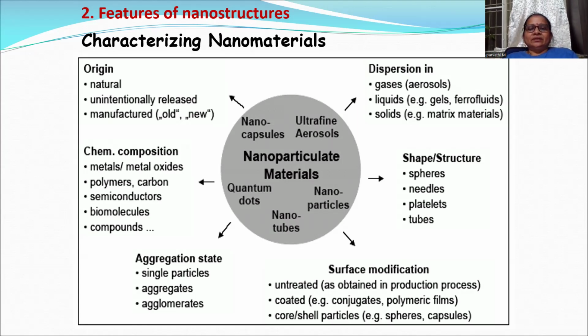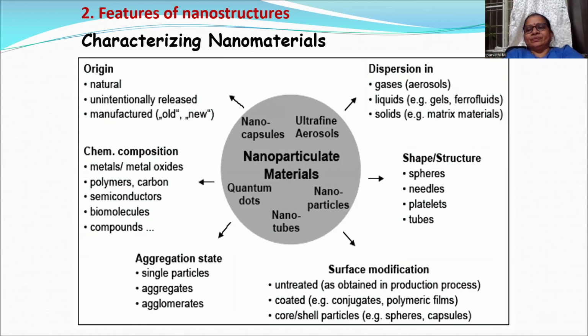Similarly, ultrafine aerosols. These nanomaterials result in dispersion in gases, or are observed in liquids and solids, like gels, ferrofluids, and matrix materials. In such applications we can observe ultrafine aerosols.